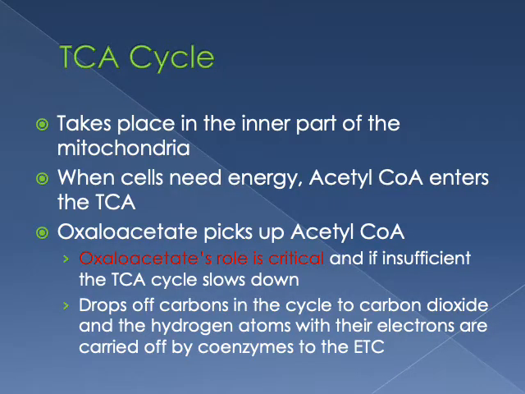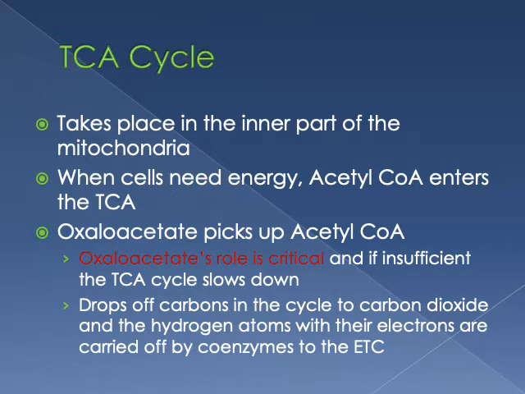As mentioned, the TCA cycle takes place in the inner part of the mitochondria. And when cells need energy, acetyl-CoA, remember acetyl-CoA was that merge point of all the energy nutrients, enters the TCA cycle where the majority of ATP is produced along with the electron transport chain.